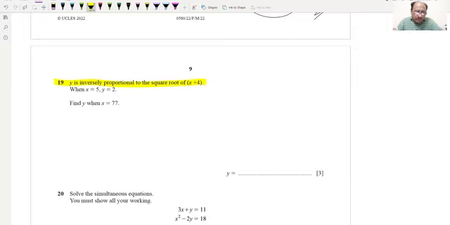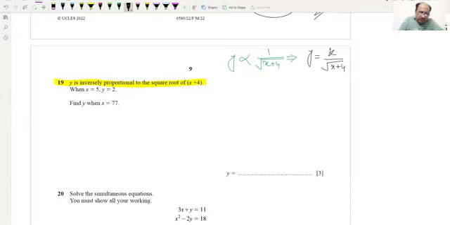a proportionality question. Y is inversely proportional to the square root of x plus 4, and this implies we can write it as y is equal to k over under root of x plus 4.